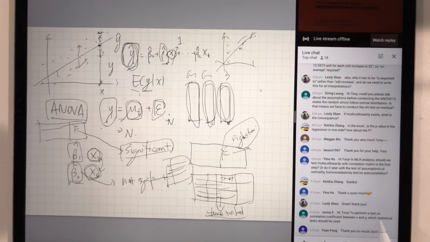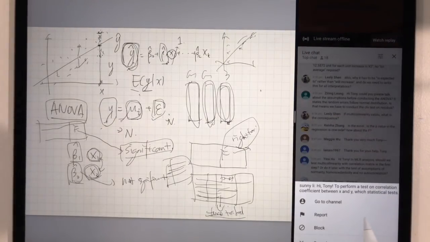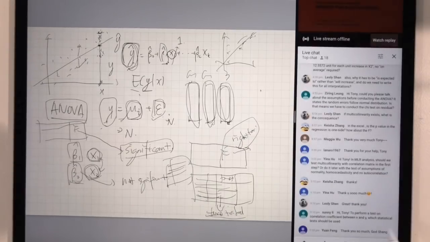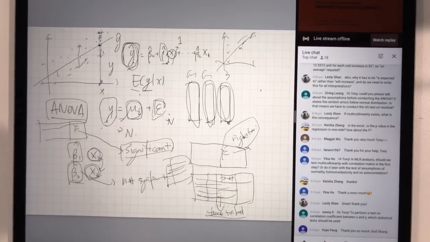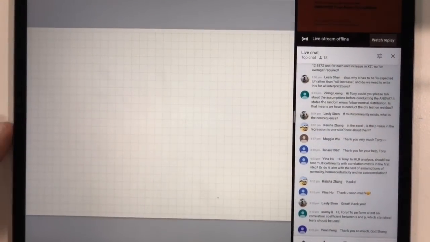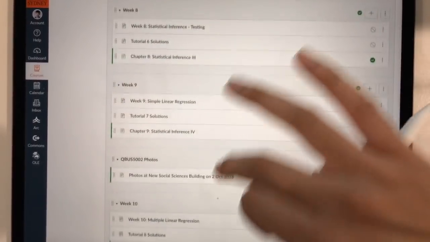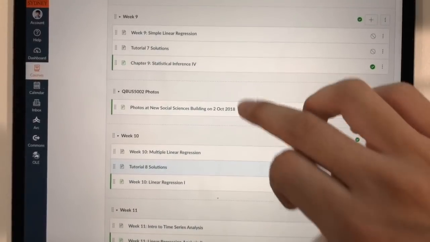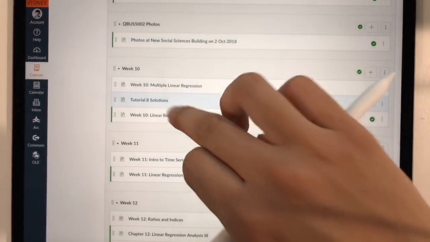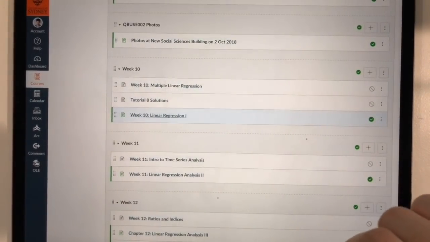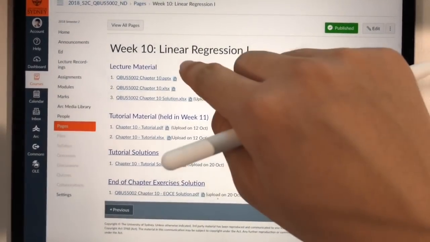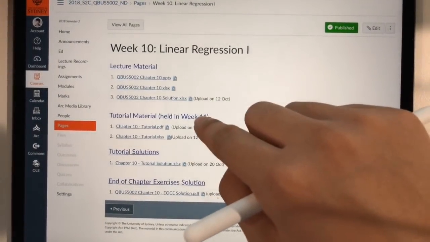I do need to perform a test on the correlation coefficient between X and Y. Which statistical test should be used? A test on correlation. Go to your lecture slides and look for the test on correlation. I think there must be something. So let's go to your simple linear regression, Linear Regression 1.